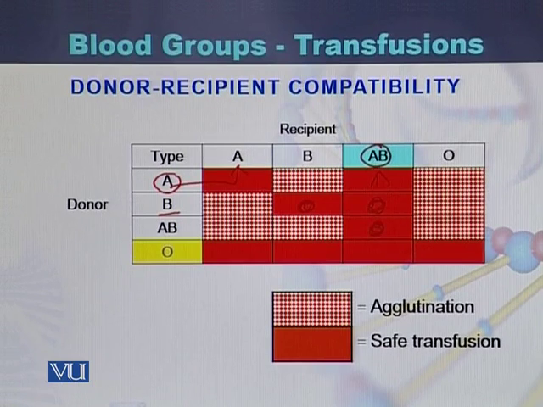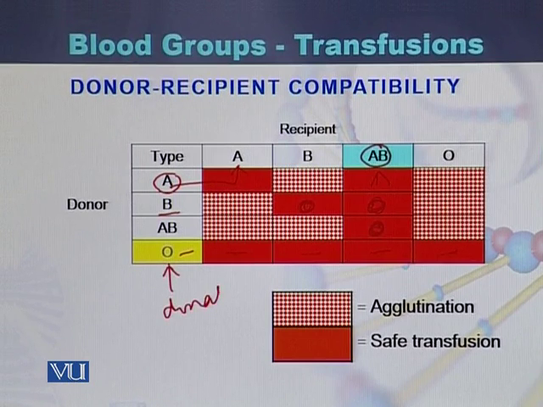In case of blood group O, this blood group can be donated to all individuals who have either blood group A, B, AB or O. So from here, we can conclude that blood group O is the universal donor.